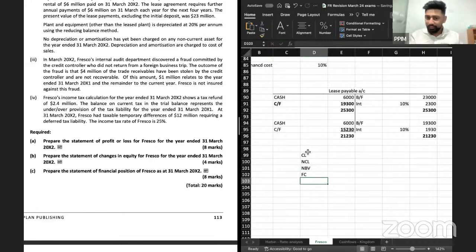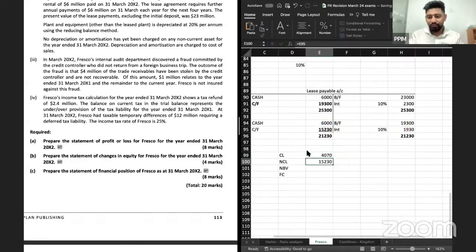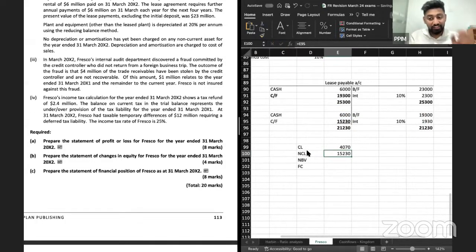These are the things that I require. My non-current liability will always be this if it is in arrears. 15,230, always that. My current liability will always be this minus interest in suspense. Always, always, always if it is in arrears.